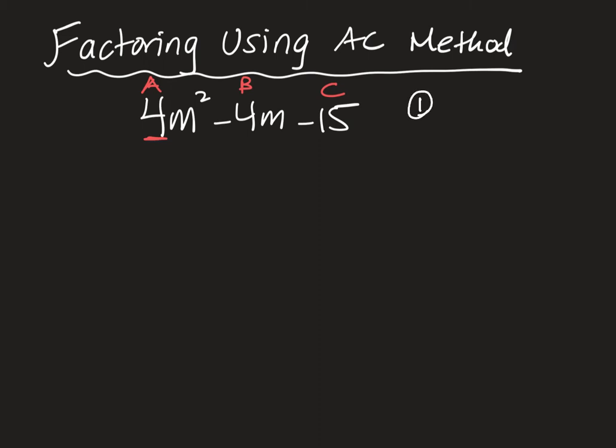The first step after we pick those out is to find the product of A and C. So we're going to find this product AC. You could use the same strategy if A was 1, but it usually seems faster to just use regular trial and error.